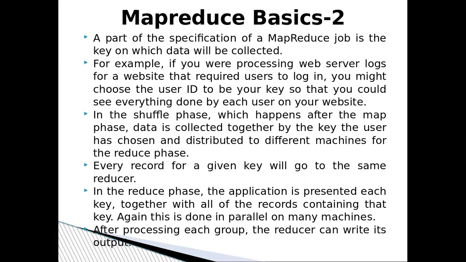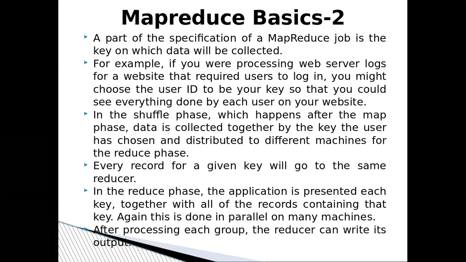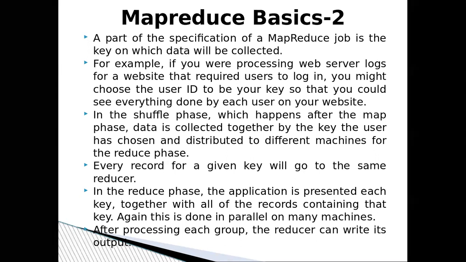Every record for a given key will go to the same reducer. In the reduce phase, the application is presented each key together with all the records containing that key. And after this processing has been done, the reducer can write its output.